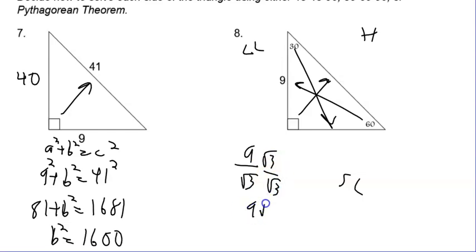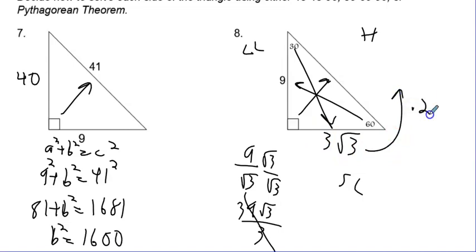So that's 9 root 3 over 3. 3 goes into 9 3 times, so this is 3 radical 3. And then, when I'm going from the short leg to the hypotenuse, I simply times 2. But remember, it's outside times outside, 6 radical 3. Not 6 radical 6, not 3 radical 6. It's outside number times outside number. And that's it.